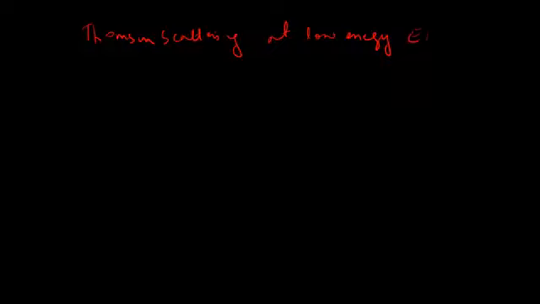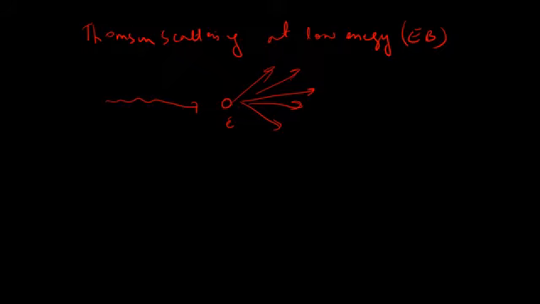The thing that is wrong about classical Thomson scattering is that it is due to low energy electromagnetic radiations. As you know, these electromagnetic radiations shake the electron, and as a result the electron emits electromagnetic radiation.